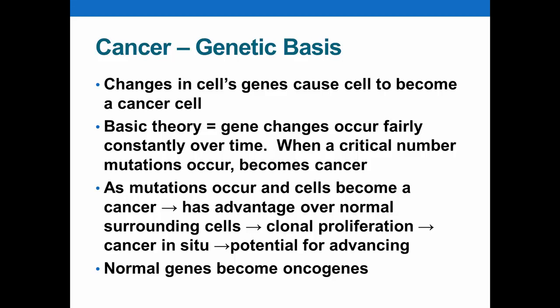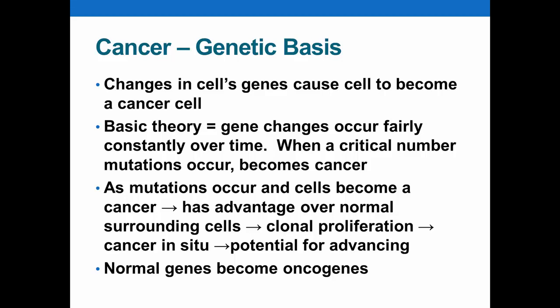As those mutations occur and cells become a cancer, then those cells have an advantage over the normal surrounding cells. And what were those advantages? Shout at the screen. Yeah. They don't have contact inhibition. They develop angiogenesis, and they have a rapid metabolic rate that consumes nutrients.